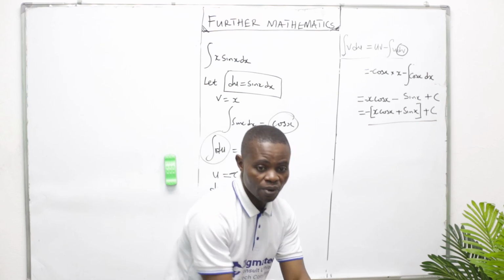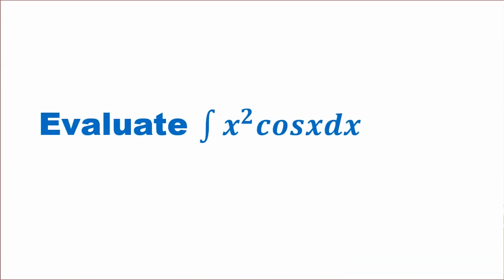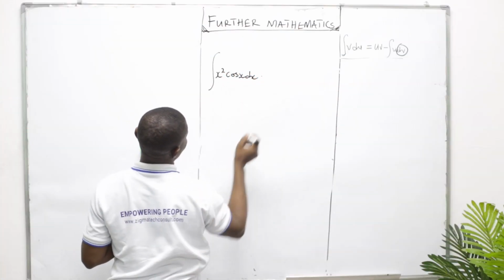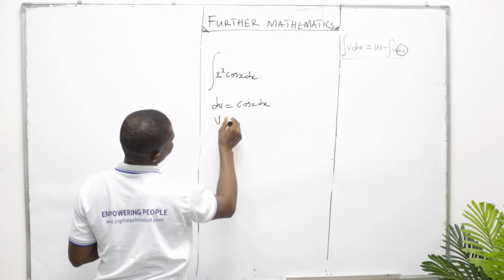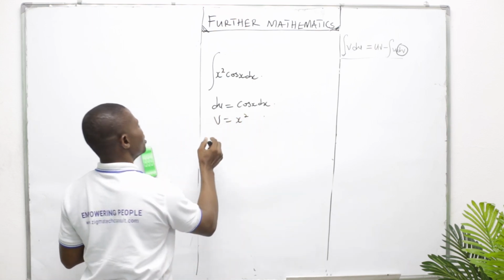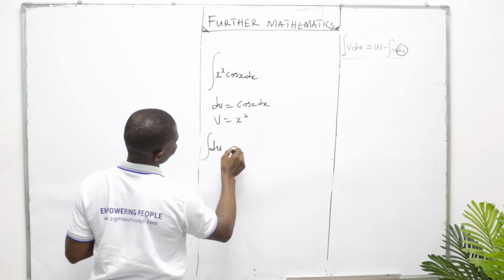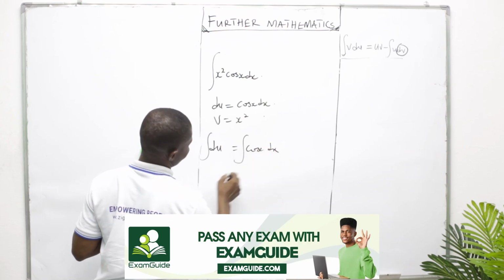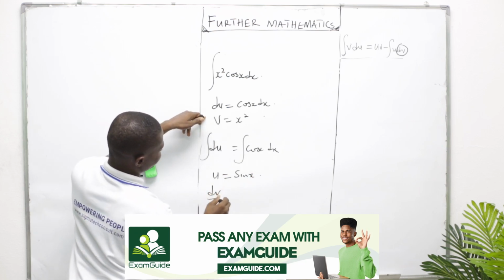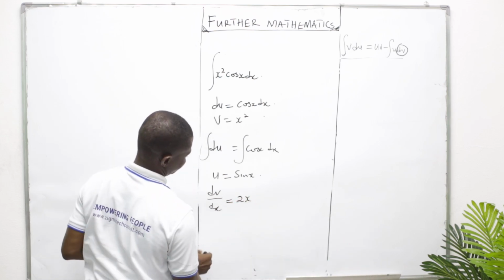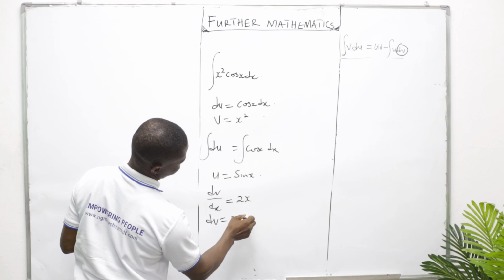Let's check the next one. This is x squared cos x. I'm writing this way: the integral of x squared cos x dx. Let dv equals cos x dx, so that my u will be x squared. Then the integral of dv, the integral of cos x dx, v equals sine x. du/dx equals 2x, so that du equals 2x dx.